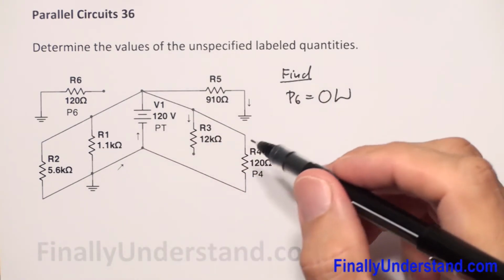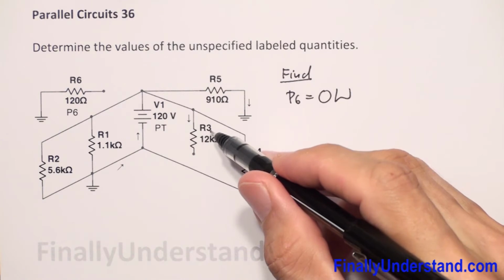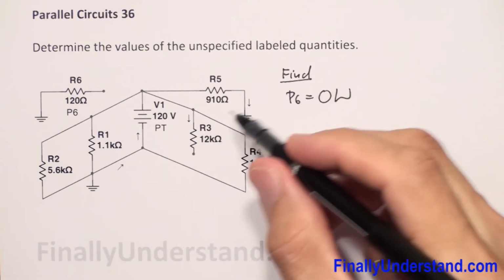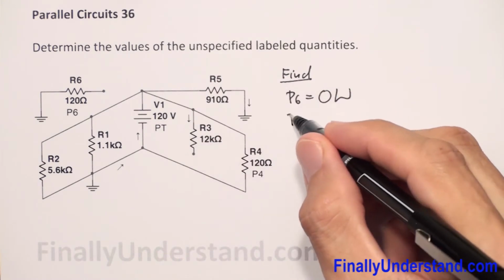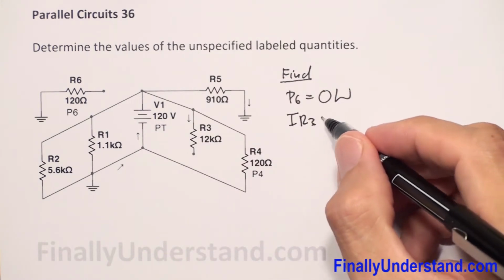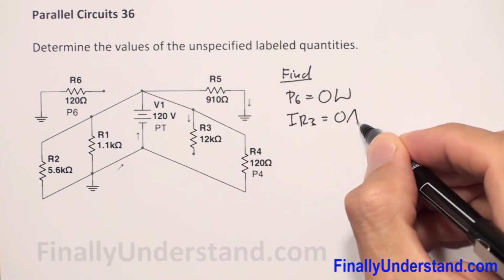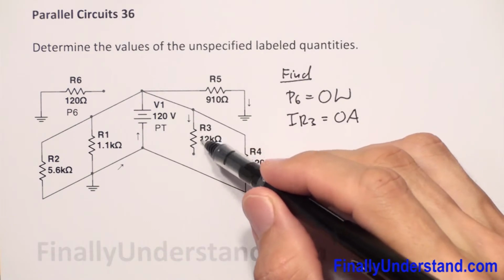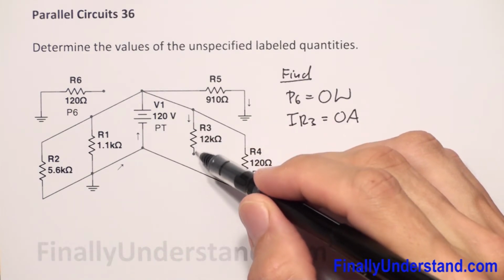Also, I want you to look at resistor R3, because the problem is asking you to find IR3. IR3 is equal to 0 amps. Why? Because this resistor is disconnected from the circuit as well.